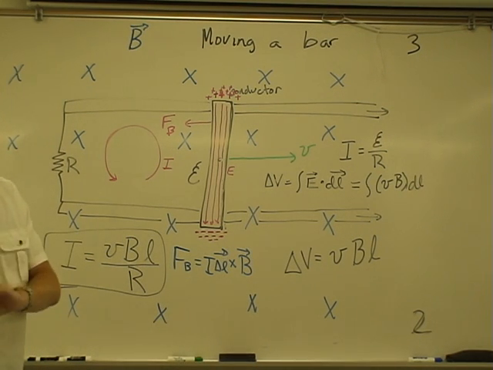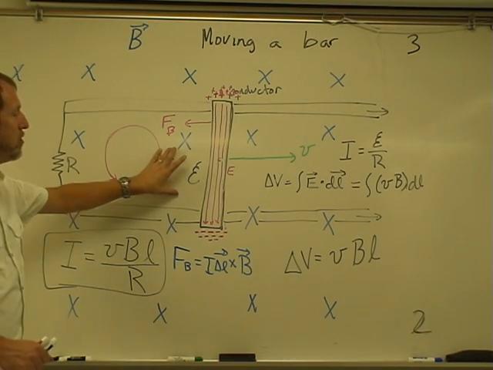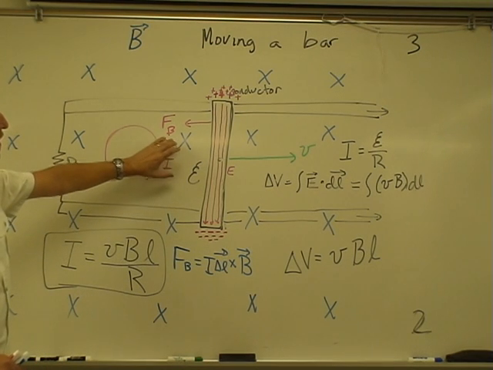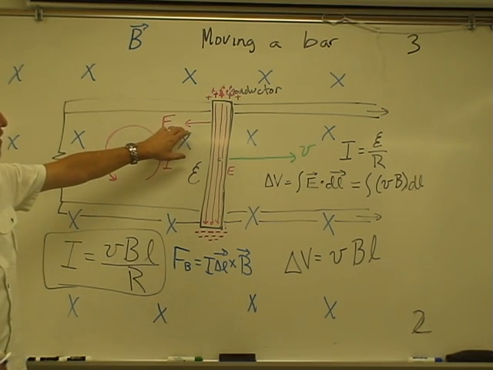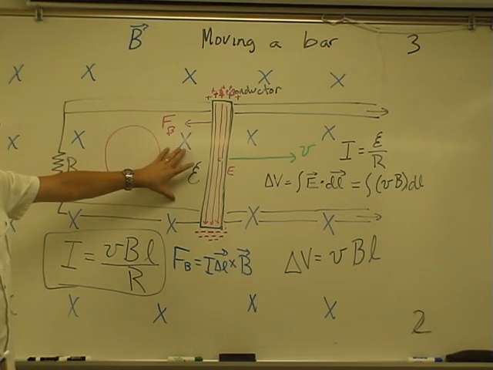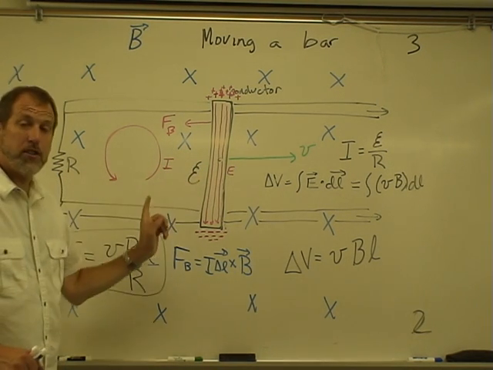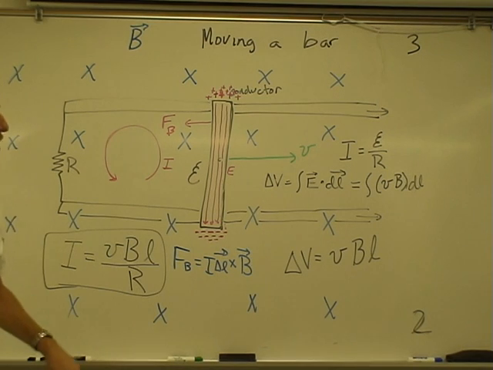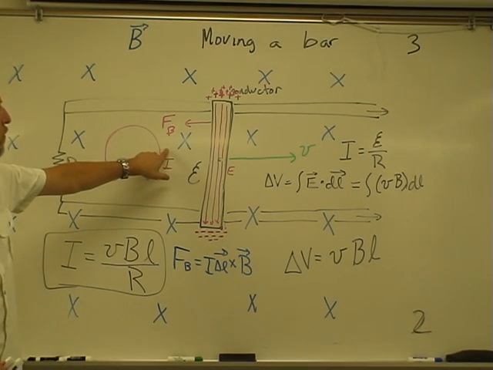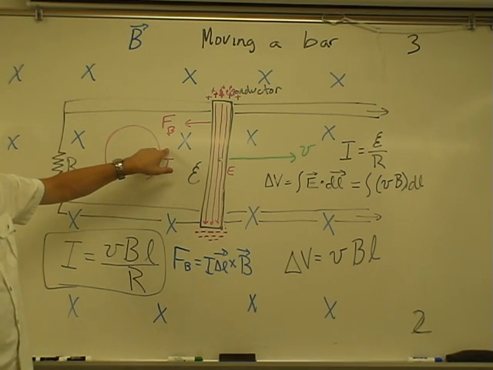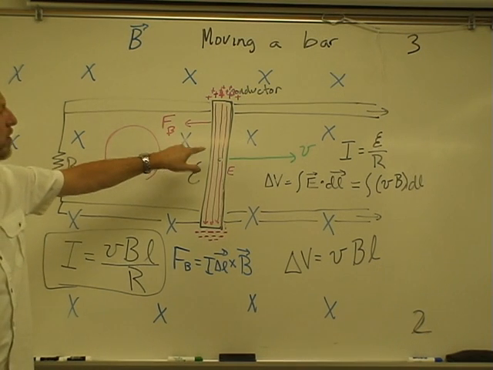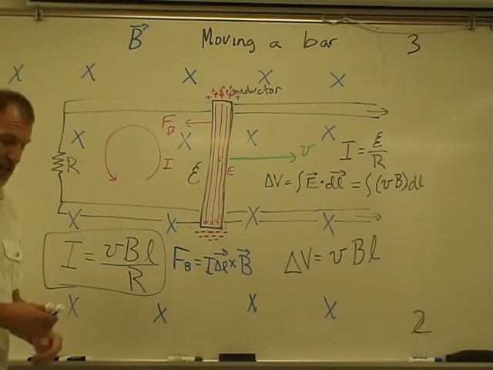Or to put it another way, this is a very important conclusion from this discussion. I've got something that's changing. The position of this bar is changing. The magnetic force that will result from that motion in a magnetic field resists that change.